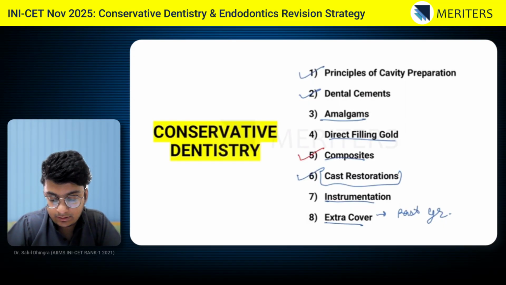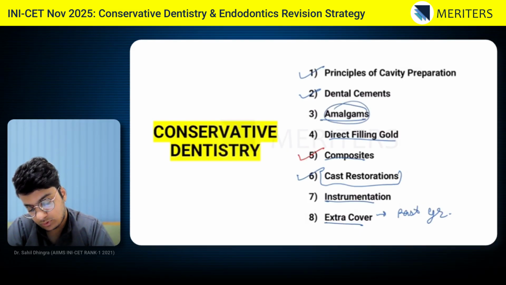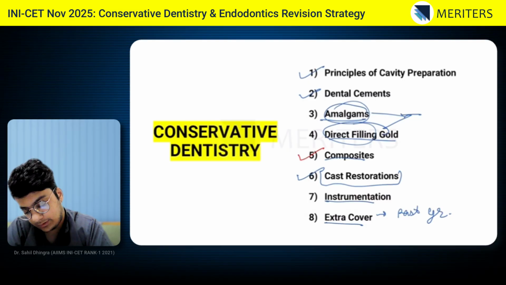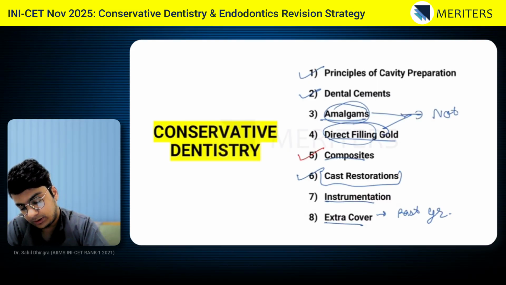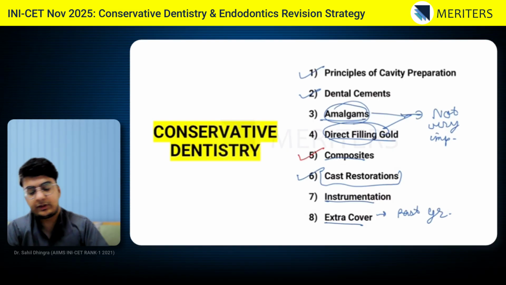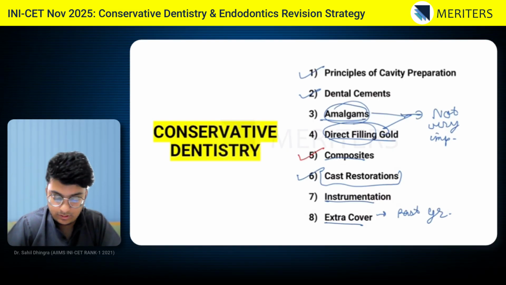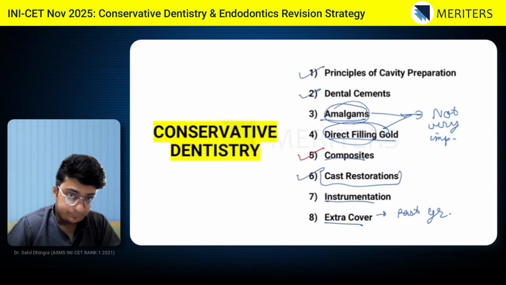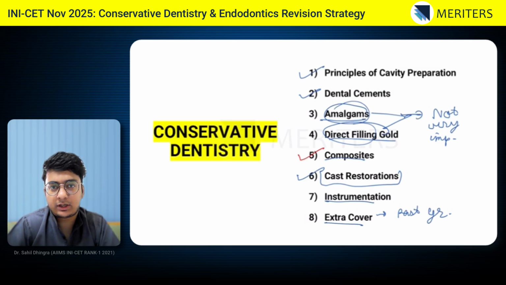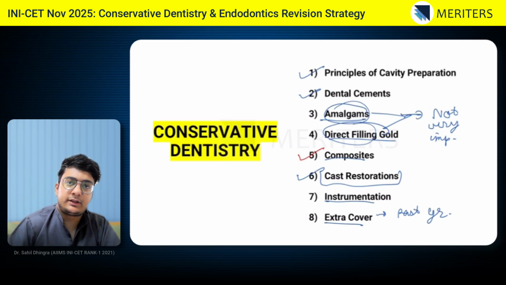And then after that, the other topics which are more neglected, something like amalgam or direct filling gold. These are not that important, because now these are all old concepts. The newer concepts are more about composites, cast restorations, and the instrumentation techniques. When it comes to endo, trauma and VPT are the most commonly asked questions in AIIMS.